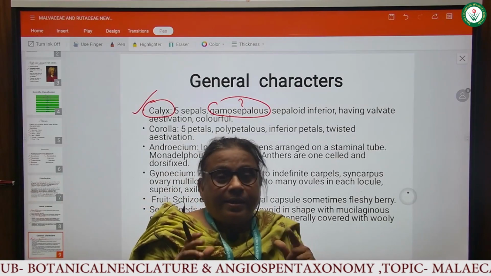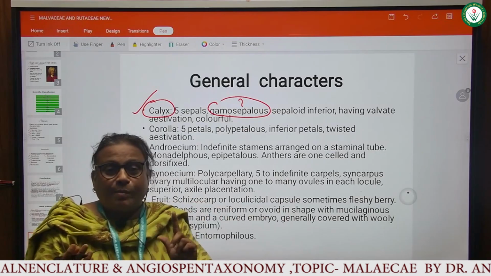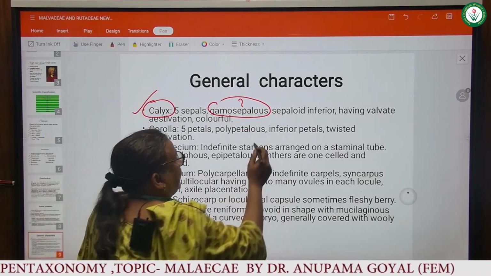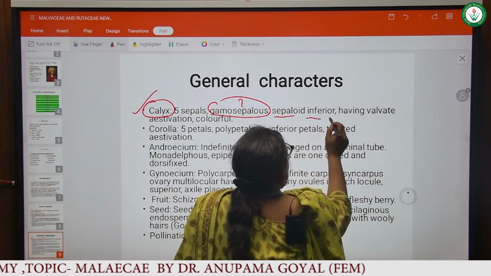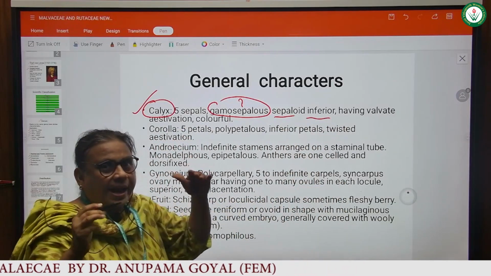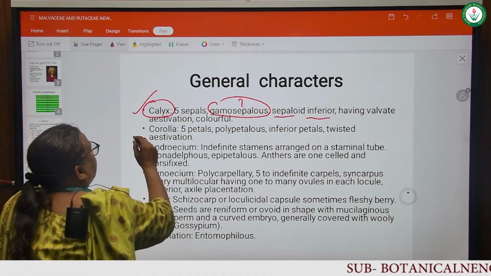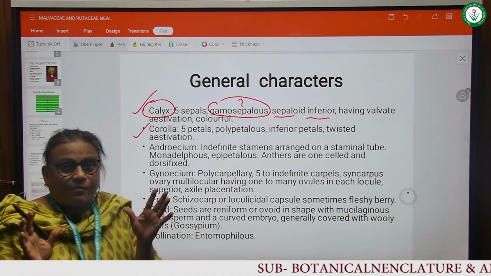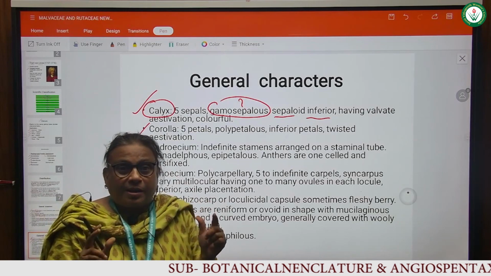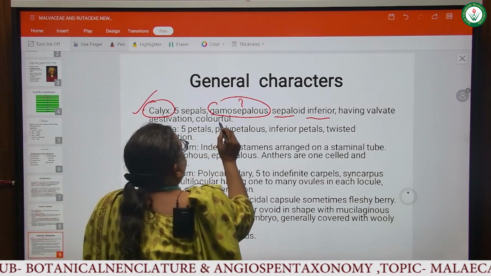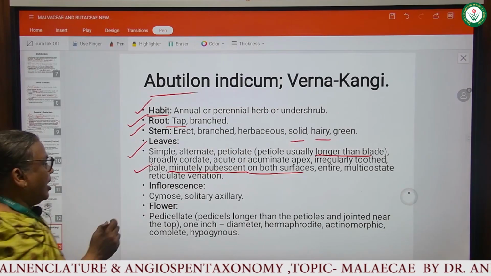Gamosepalous means the sepals are fused, with valvate aestivation. Now corolla: there are 5 petals in the plants belonging to the family Malvaceae, with twisted venation.